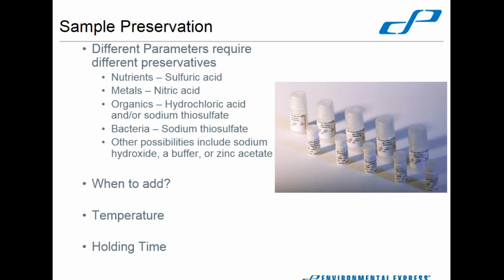What's important to remember when you're using those is that you should still check the pH of the sample after it's been preserved, because the actual preservation requirement is not X milliliters of sulfuric acid, but it is sulfuric acid to a pH of less than 2.